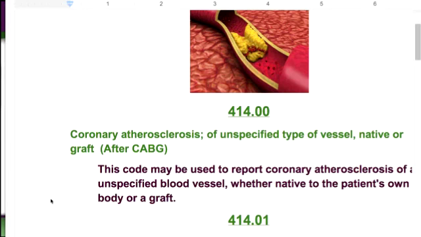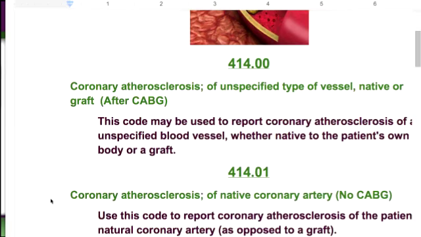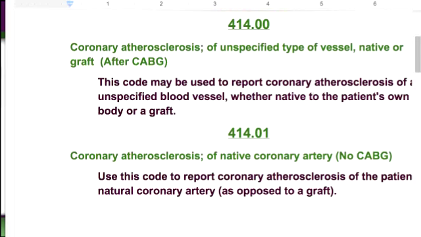So if somebody's had a CABG, if it's in the medical history or in the chart, then you're going to use 414.00. But if a person has CAD and they've not had a CABG done before, it's going to be 414.01, okay?